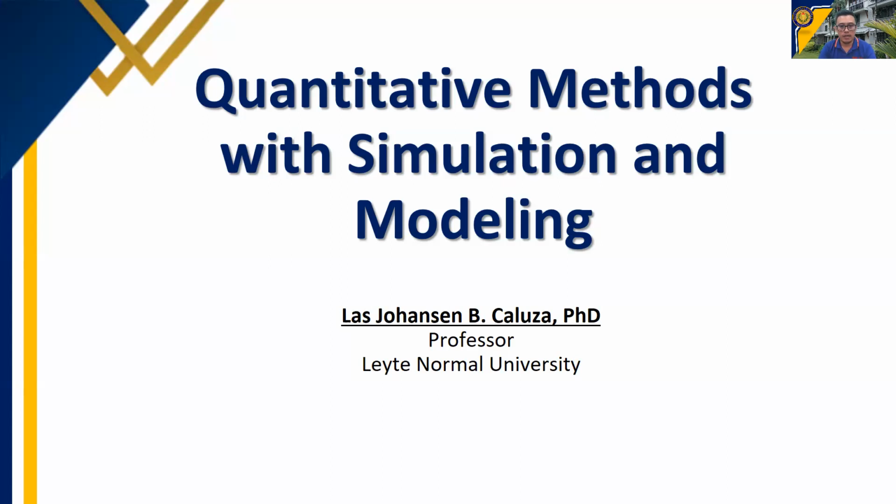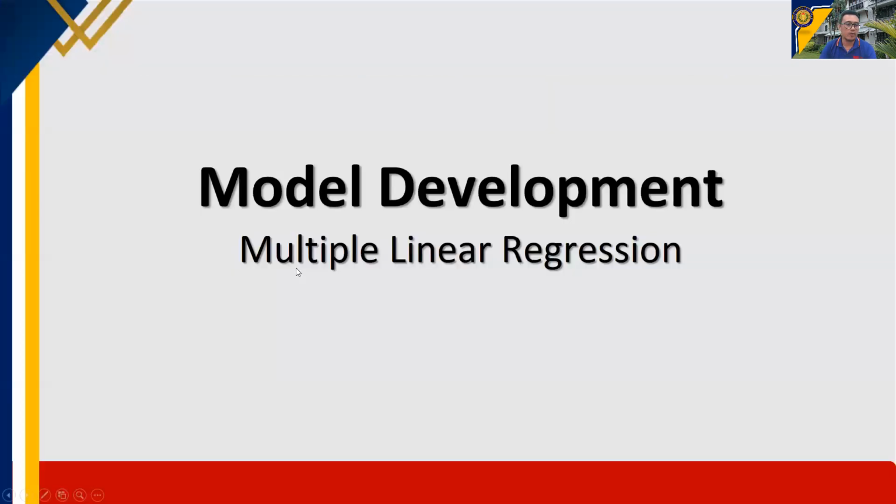Last meeting, we discussed regression, specifically linear regression. This time we're talking about another type of regression, which is called multiple regression. So, what do we mean by multiple linear regression?